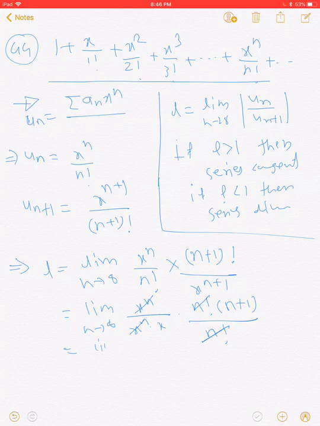So this is equal to limit n tending to infinity n plus 1 upon x. This limit is infinity, and we know that infinity is greater than 1. So this series is convergent for all x, because here the limit is independent of x.